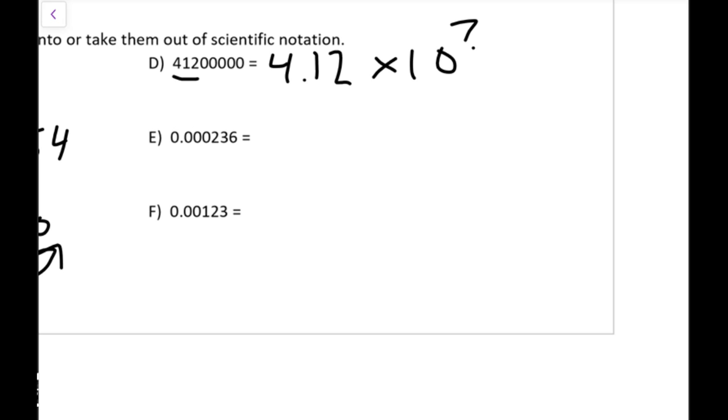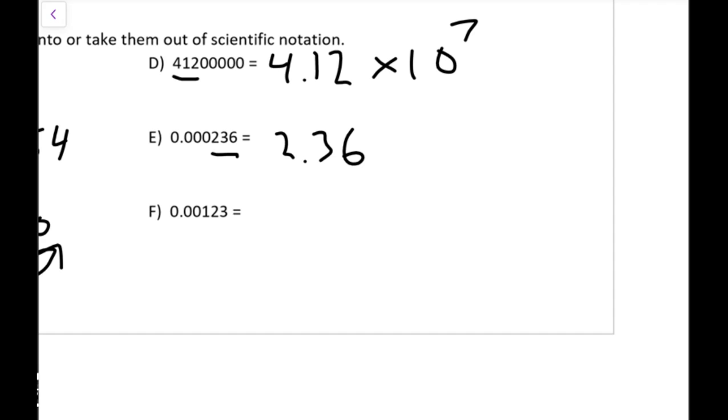This is going to be a positive number here because the number is large. 4.12 million is a large number, and so we have a positive exponent. Here, this is a small number, so we know we're going to have a negative exponent. Again, 3 sig figs, so we write that 2.36 as our 3 significant figures.